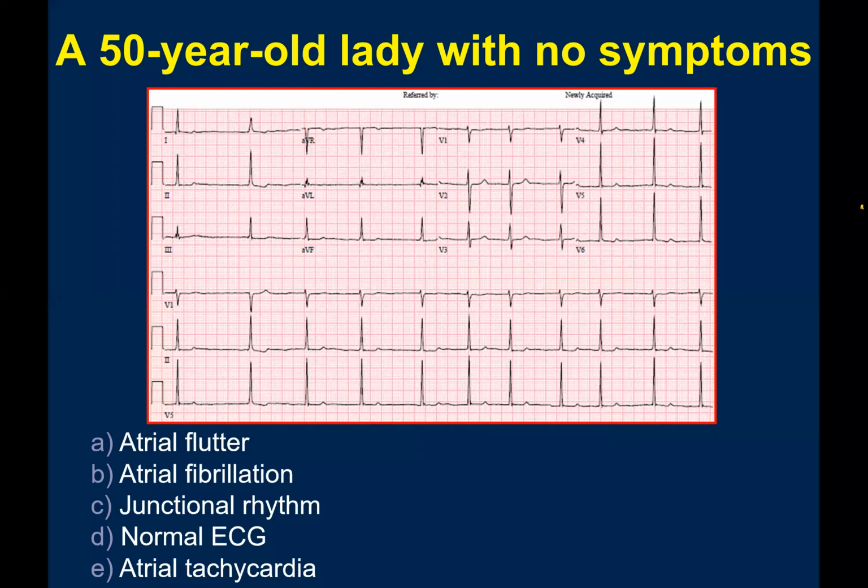So in this ECG, the RR interval looks almost, no, it's not consistent. And the rate is in the 50s, 60s, 70s.